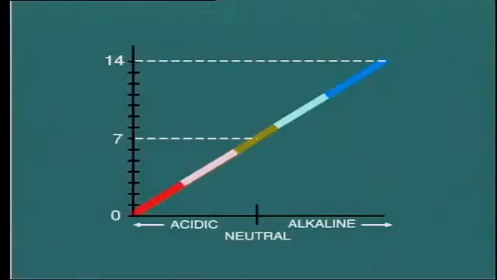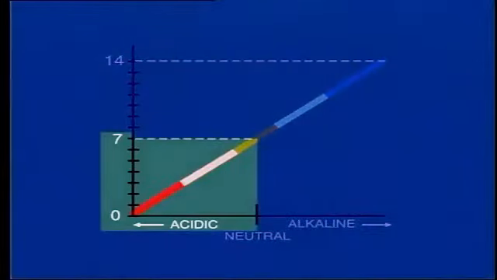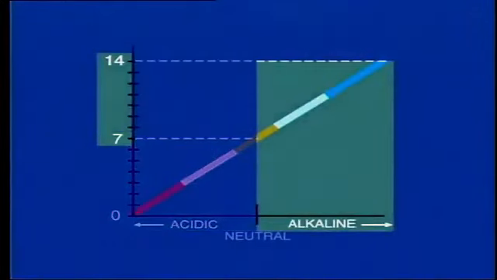Let's first take a look at the problem of pH value. As we know, the pH scale runs from 0 to 14. It is really a measure of the hydrogen ions contained in the water mixture which forms the particular solution in question. The value of 7 is generally recognized to be neutral, with lower numbers indicating an increasing degree of acidity, while higher numbers from 7 to 14 indicate alkalinity.